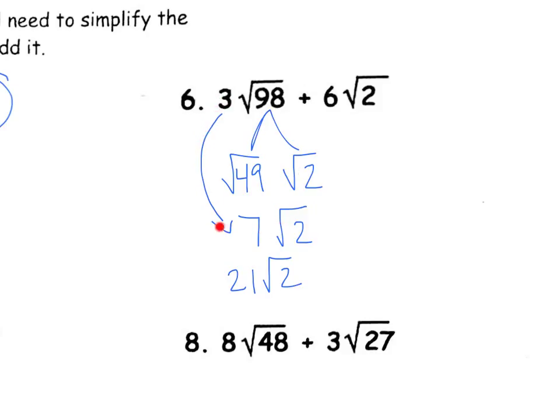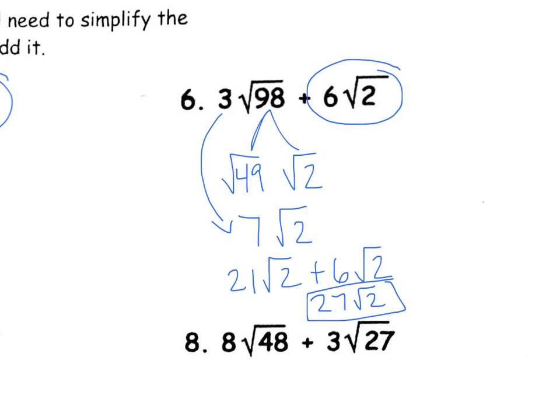Don't forget to multiply this 3 here. So 3 times 7 is 21, radical 2. And now you'll notice that this up here plus 6 radical 2, they are now the same radical, and therefore we can combine them now. 21 and 6 is 27 radical 2.